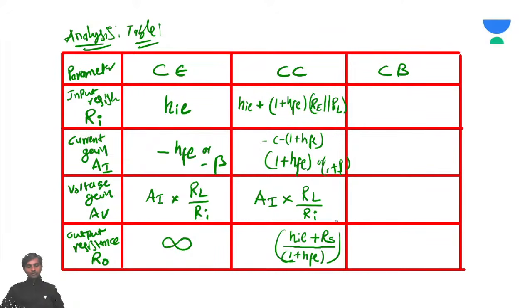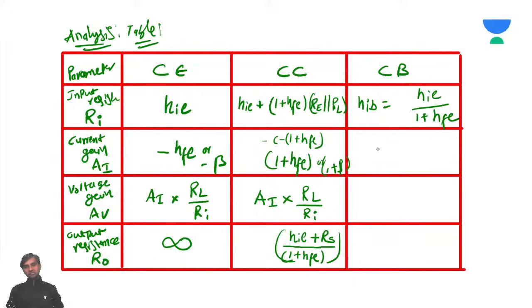Okay. Now we'll come to common base. For common base, what is the input resistance going to be? The input resistance is HIB. HIB is going to be what, sir? It's going to be simply HIE by 1 plus HFE. Any change, sir?